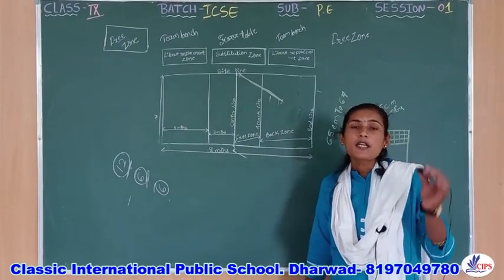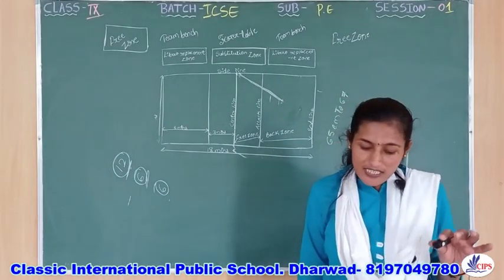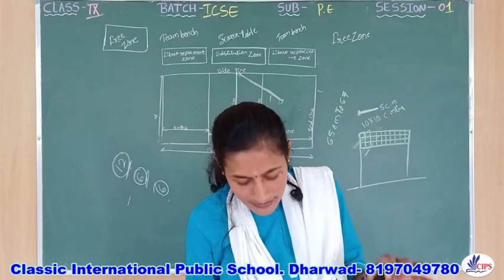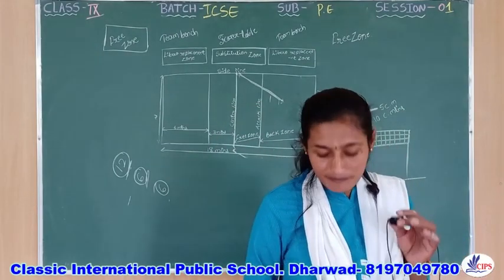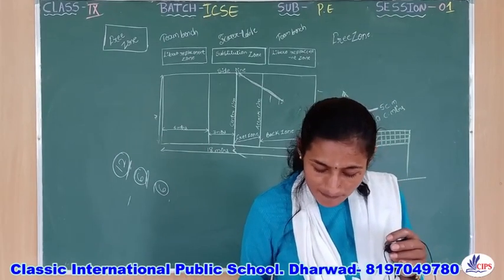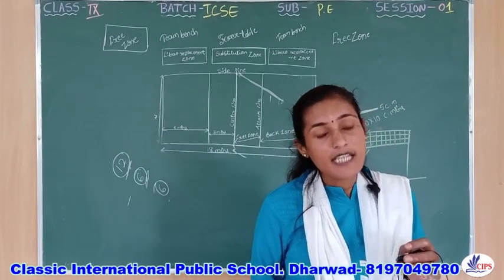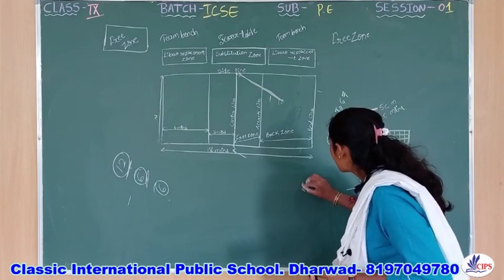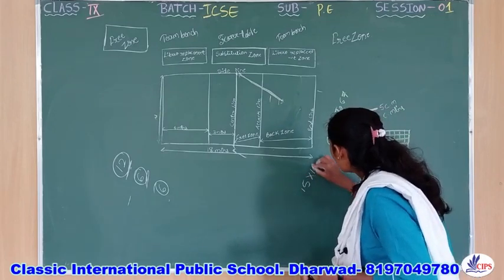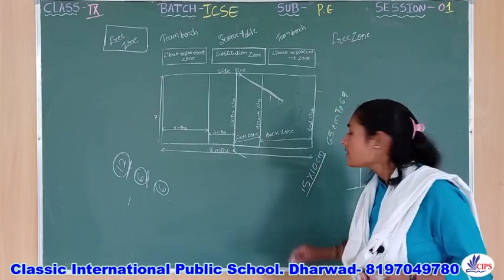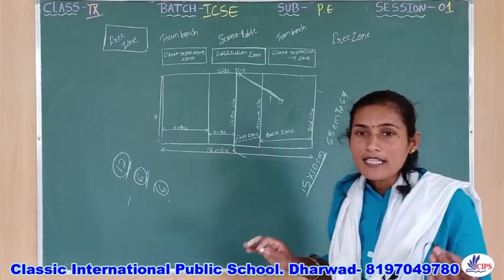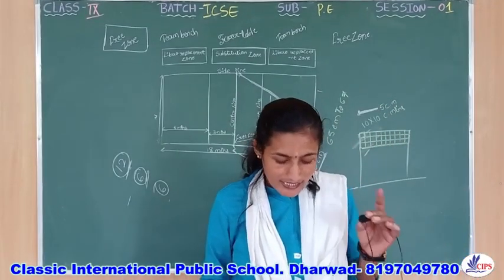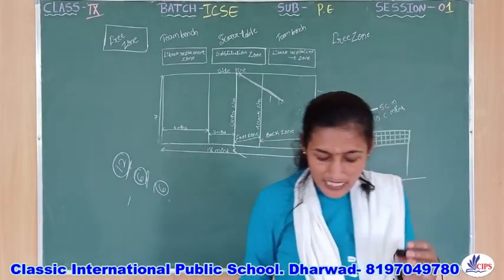Players wear a t-shirt with a number. The number length will be 15 centimeters minimum and breadth 10 centimeters, that is 15 by 10 centimeters. Okay, is it clear?